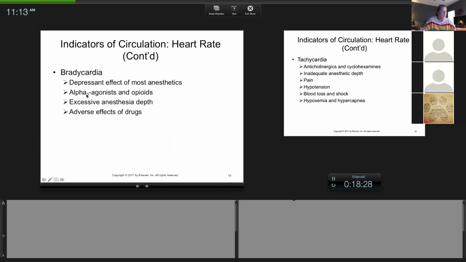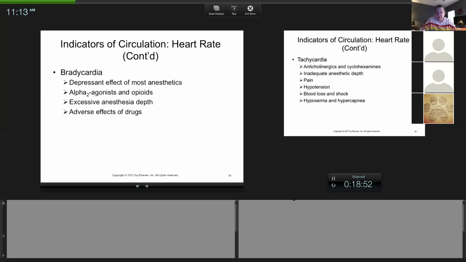But I do want you to know that your alpha 2 agonists, which are xylazine and dexmedetomidine, your Dexdomitor, will cause severe bradycardia. So for example, if I have a dog with a heart rate of 40 or 50 that was much higher, one of the first things I look at is, did this dog get an alpha 2?